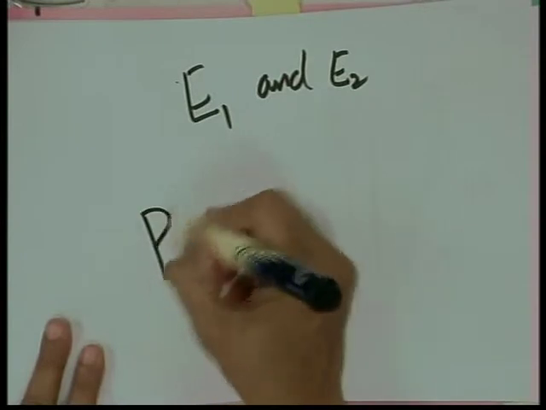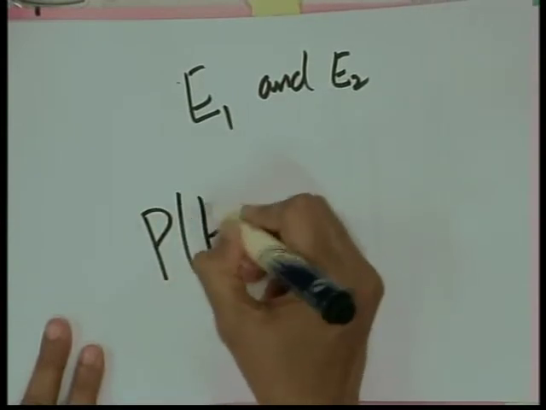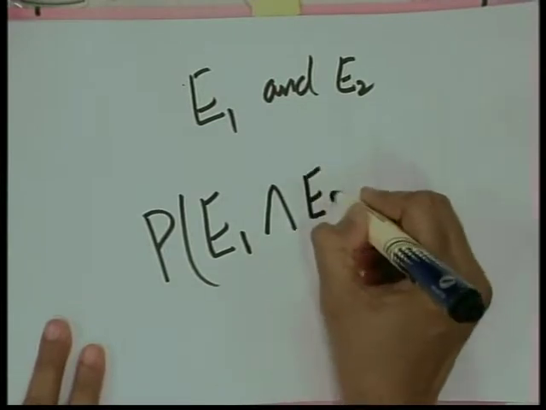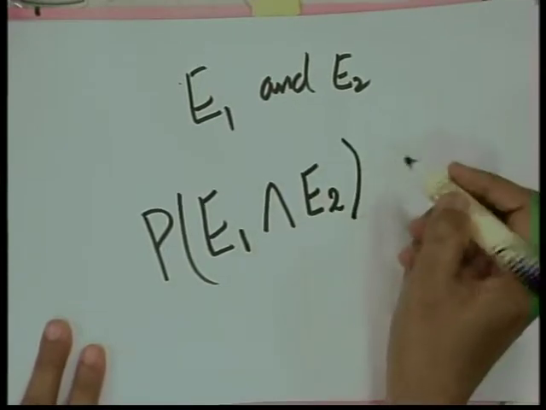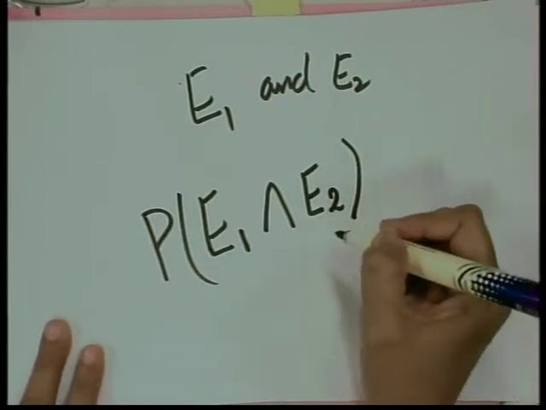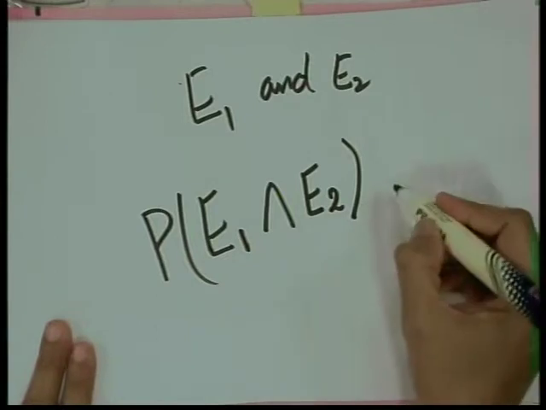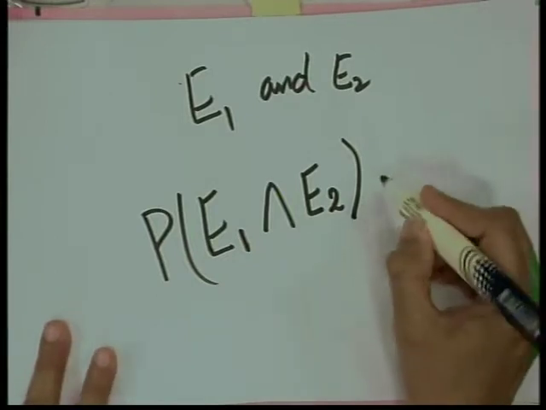In fact, we denote this as probability of E1 intersection E2, and and is intersection, or is union. These are the simple things. If you remember, you will be able to do all your probability problems with utmost ease.